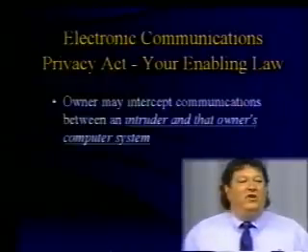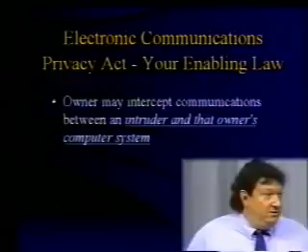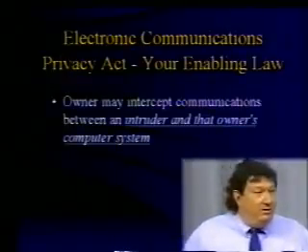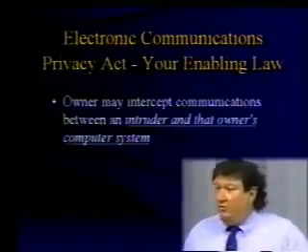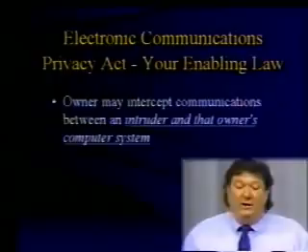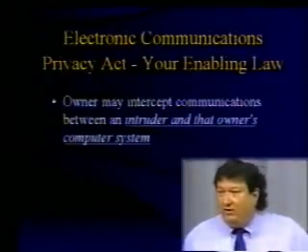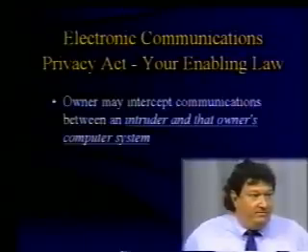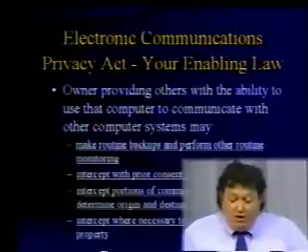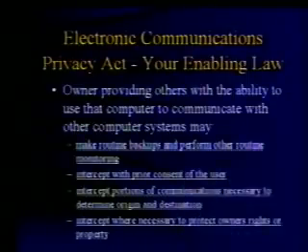So what that means is that if I decide to intercept communications, put a sniffer, for example, on my perimeter network, out where the firewall is, where the web servers live, that touches the public internet, then I can do that, and I don't need anybody's permission to do it if I own the system. So that's the first piece of good news. You can also make routine backups and perform other routine monitoring.